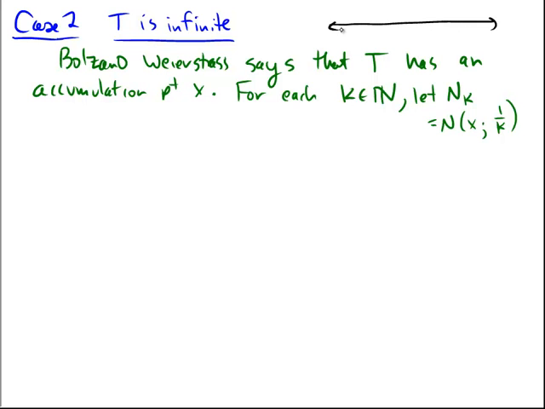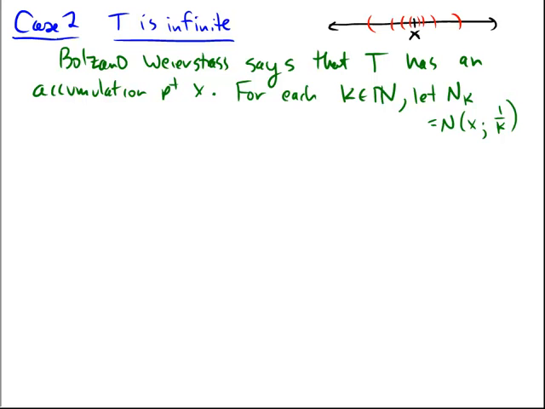So there's my number line, there's x. N_1 is going to be kind of a large one, but since x acts as an accumulation point, there's infinitely many points in there. And then N_2 will be a 1/2 radius, but there's infinitely many points in there, and there, and there. So every time I make one of these neighborhoods, I keep getting infinitely many points inside of those neighborhoods.